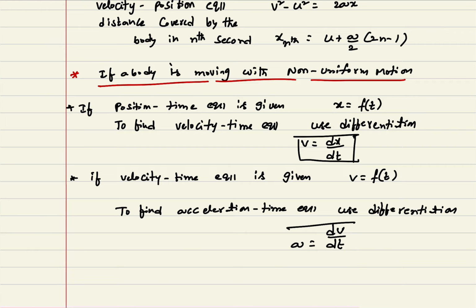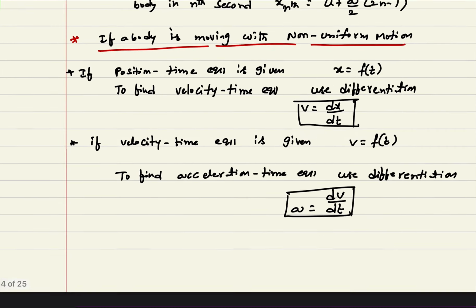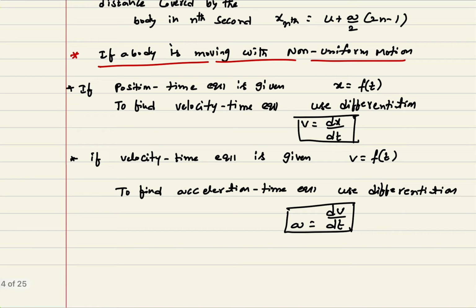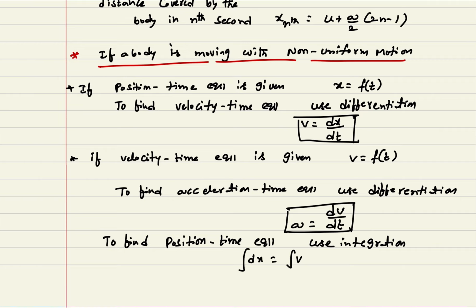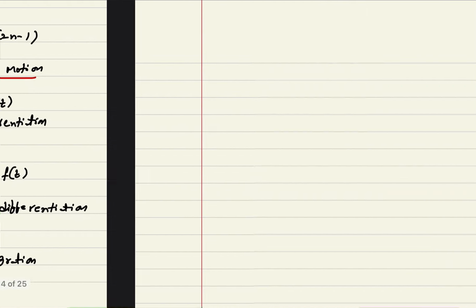We can write the instantaneous acceleration as dv divided by dt. This is the relation. Now if you want to find the position time equation, then use integration. Now you can write integral dx is equal to integral v into dt. Apply proper limits to calculate the position.